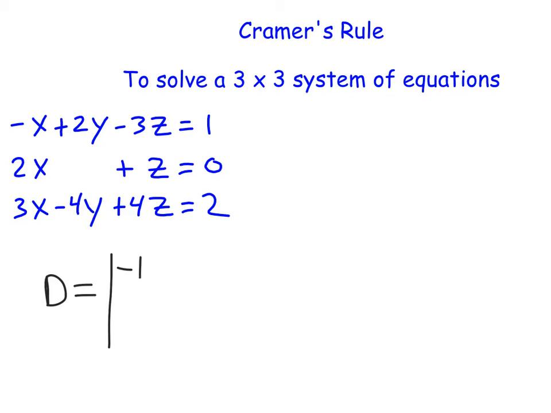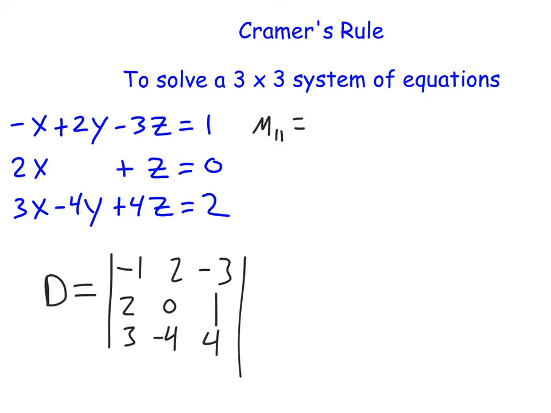D would be -1, 2, and -3. It's going to be a 3 by 3 determinant, but remember, I'm taking the constants out. So as is the case with any 3 by 3, I have 3 minors defined.